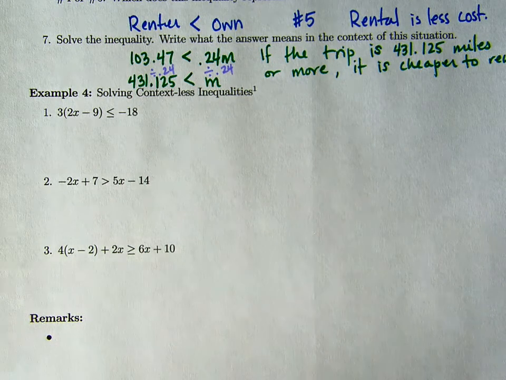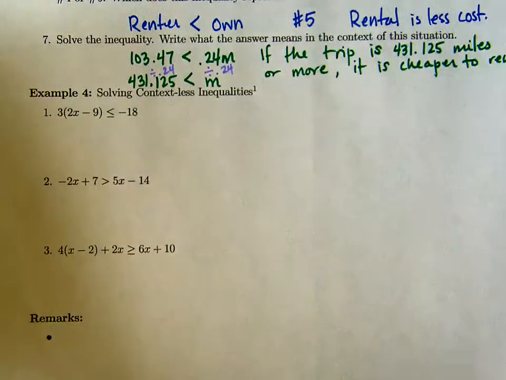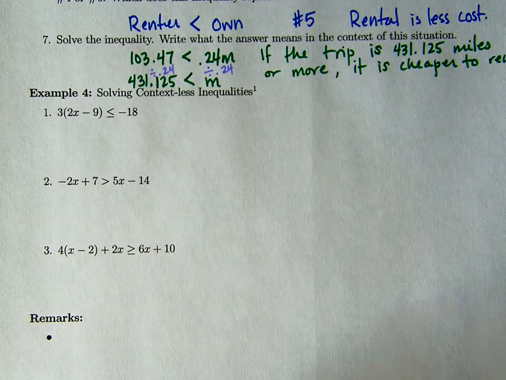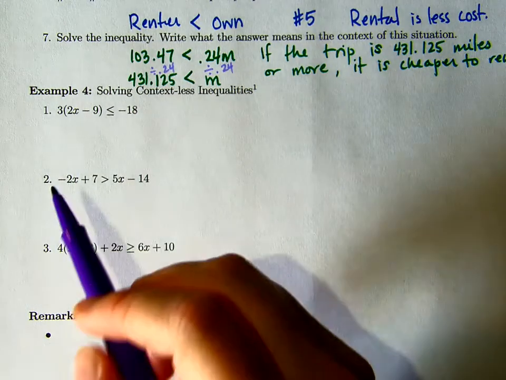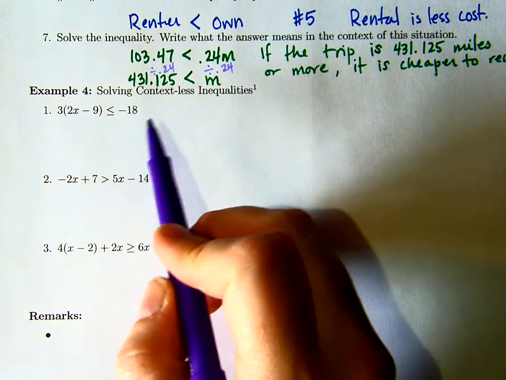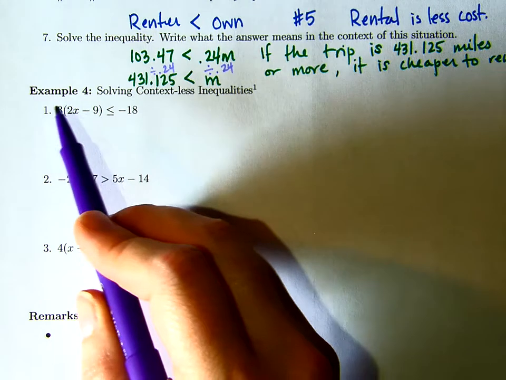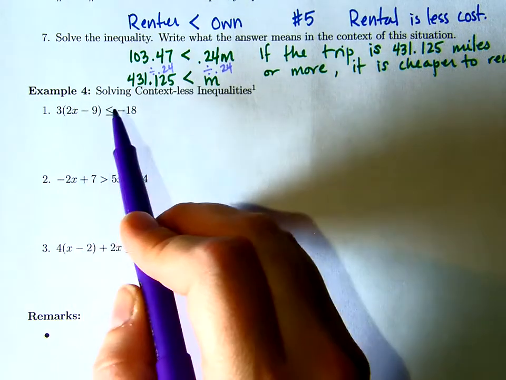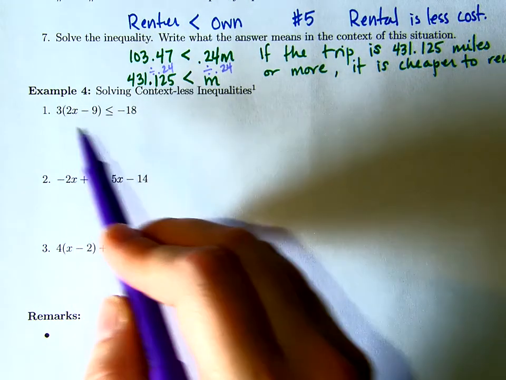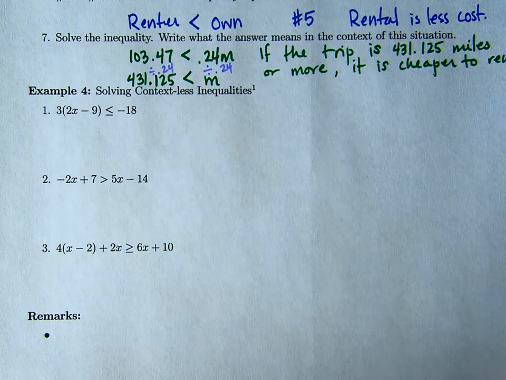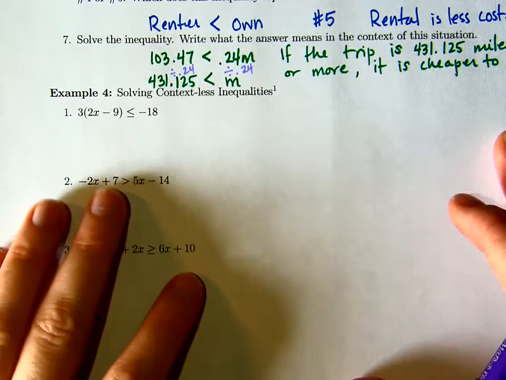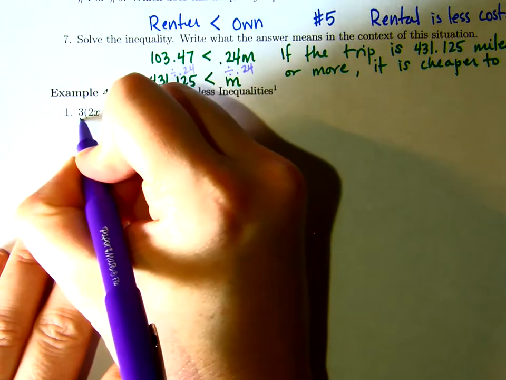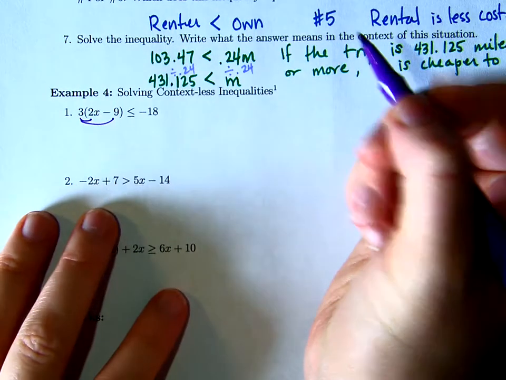I look at this first one and I think to myself, I'm indifferent. A lot of my students will distribute this 3. My first instinct is actually to divide both sides by 3, because this is scaling it up by 3, and instead of tripling everything, we might as well scale everything down by 3. But I'm going to go with what the majority of my students would do naturally, which is distribute first.